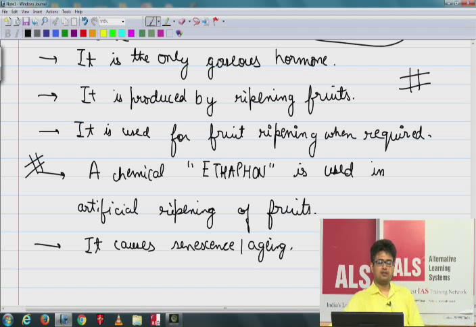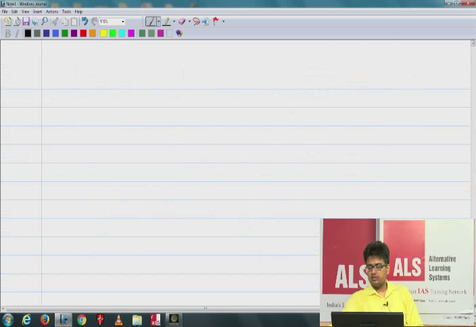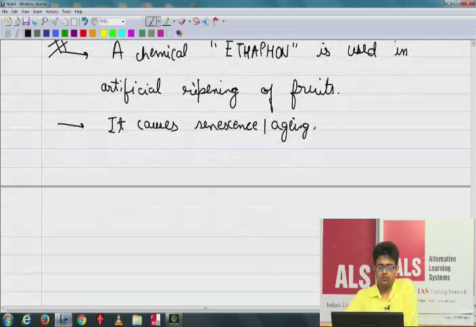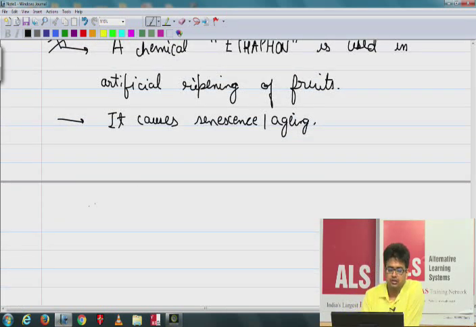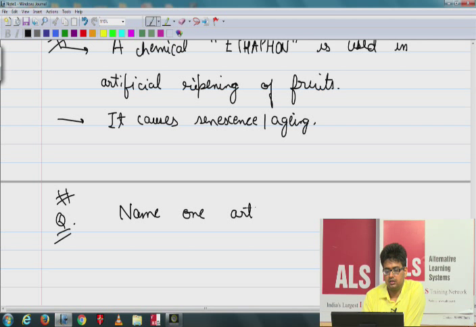Now there is one last point. This question is also asked. It is actually a question of auxin. A question has come in the previous year examination. Name one artificial weedicide.